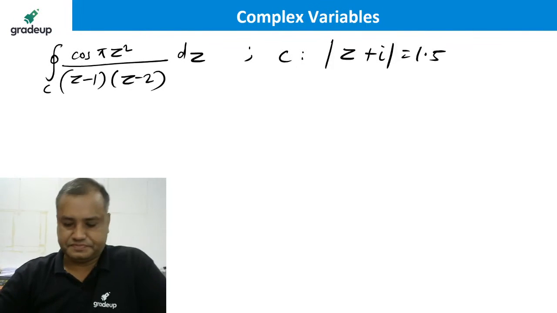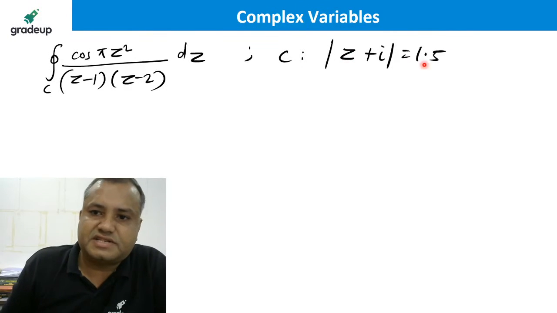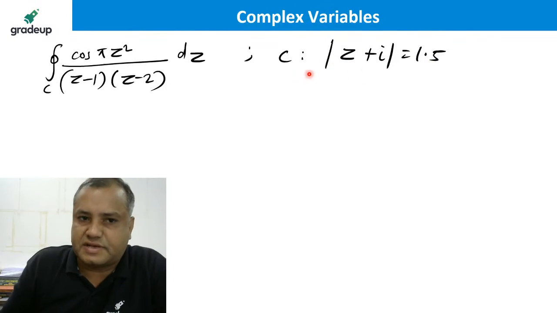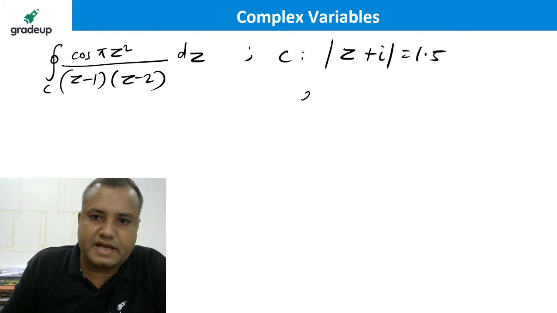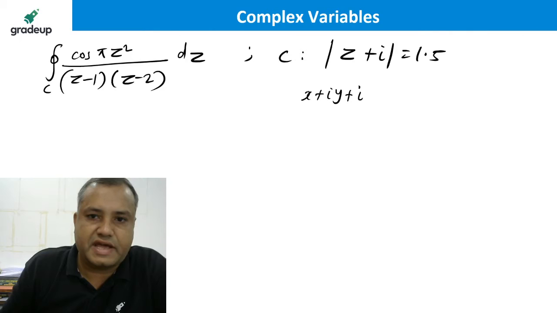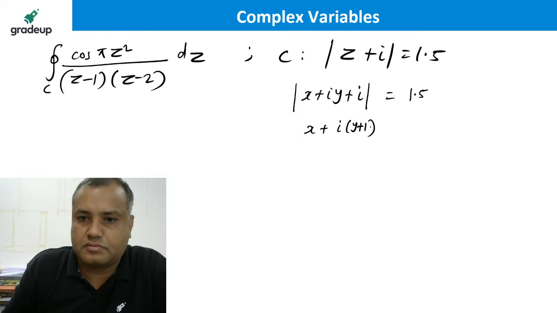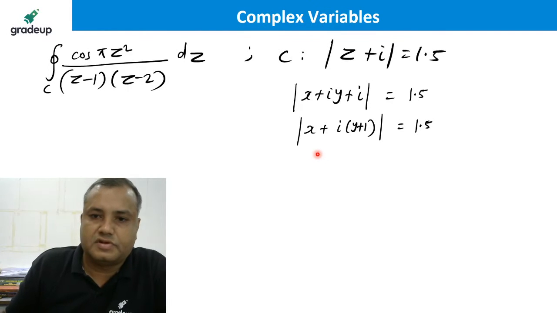Now see, z plus I equal to 1.5. Interpret this circle. सबसे पहले इस सर्कल को इंटरप्रेट करेंगे. x plus iy plus I, modulus equal to 1.5. So x square plus y plus 1 square equals 1.5 square.